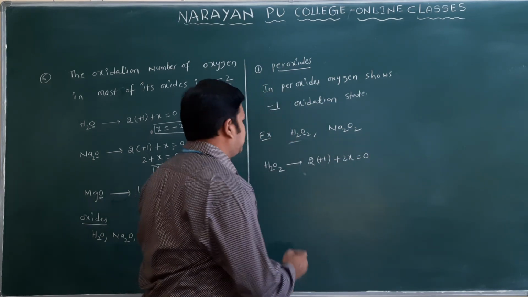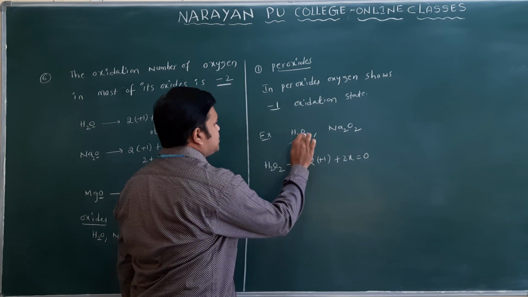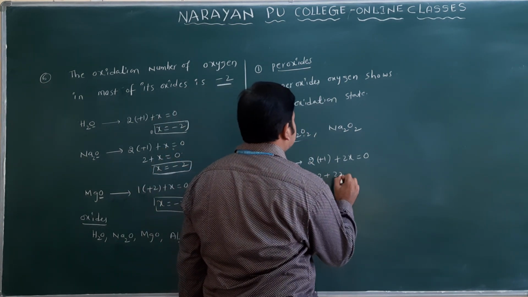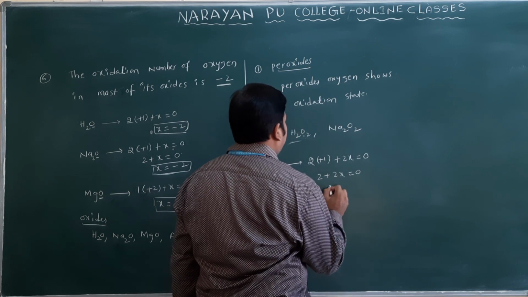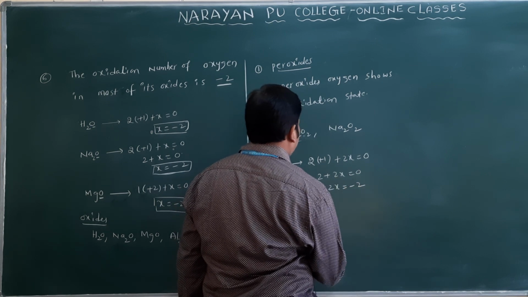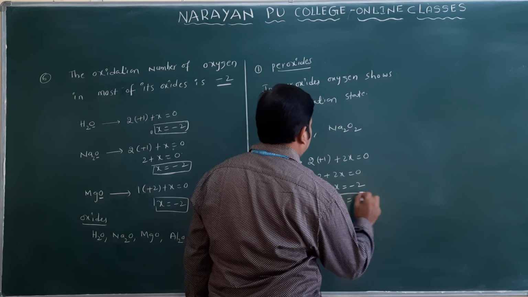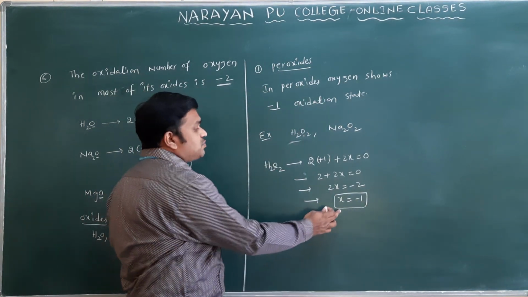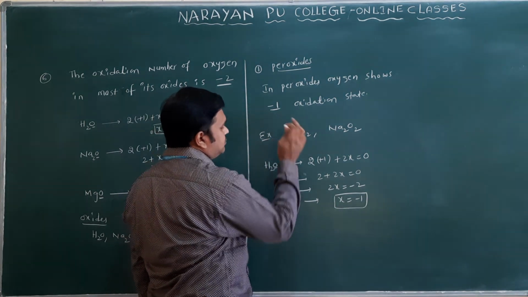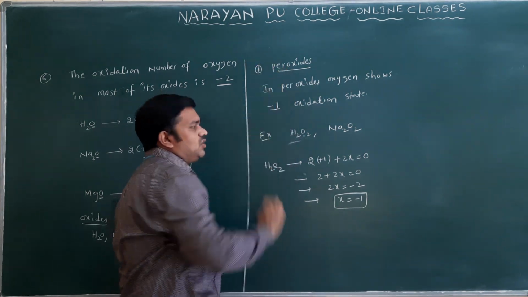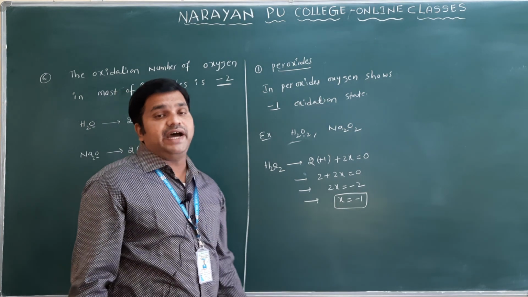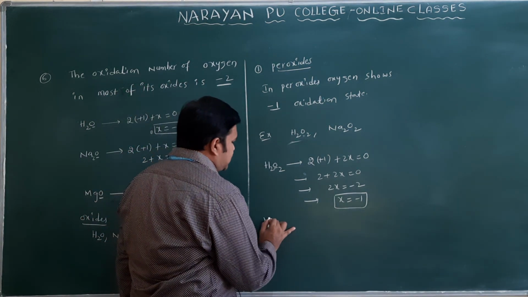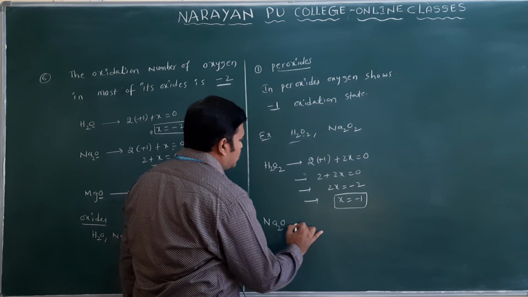We have to find the oxidation state of oxygen. Then 2x equal to -2, x equal to -1. So this -1 is the oxidation state of oxygen in peroxide. What is the name of this compound? Hydrogen peroxide.